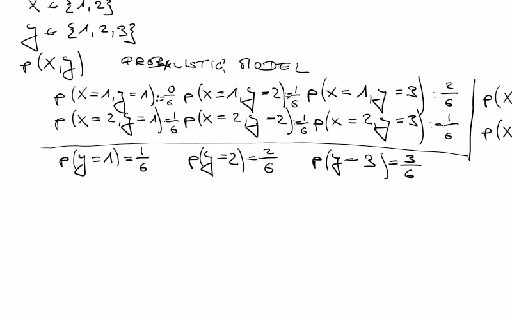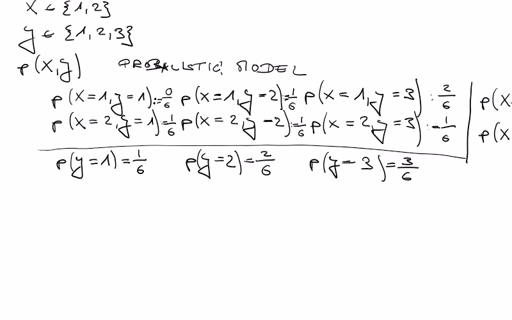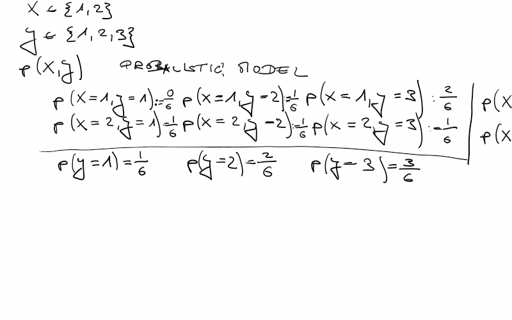So let's first think about the distribution of y if x is 1. We are now interested in the case that x is 1, and we are interested in the probability distribution over y. This is often written like this: p of y given x equals 1.